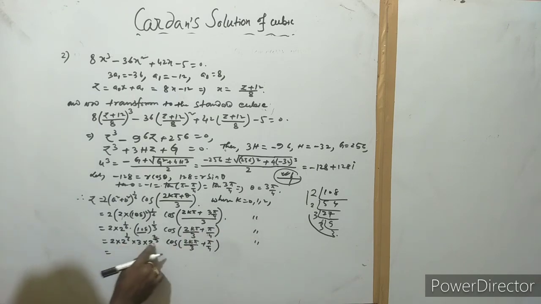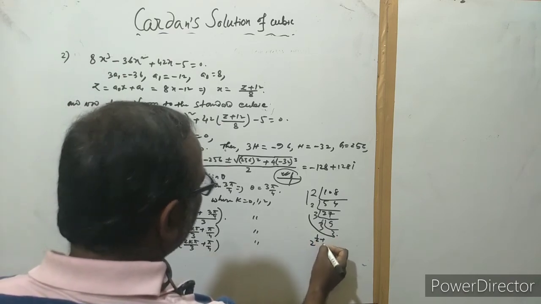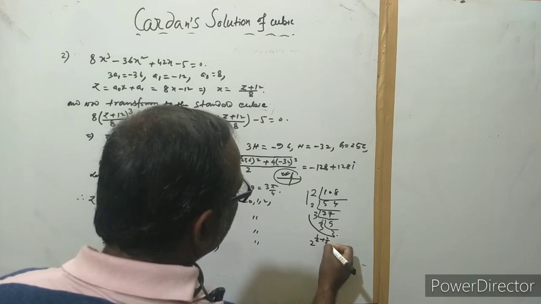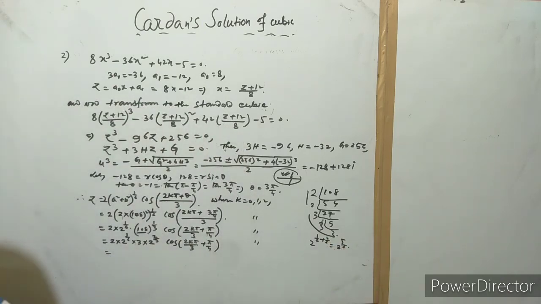If we add these two powers, this is 2 to the power 1 by 6 plus 4 by 6. So 5 by 6 actually.